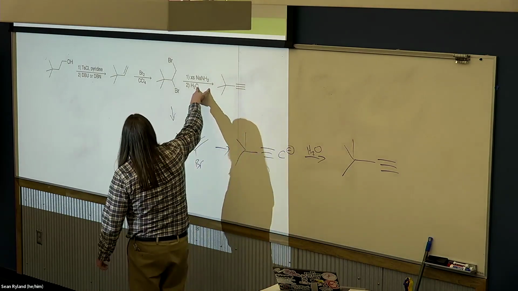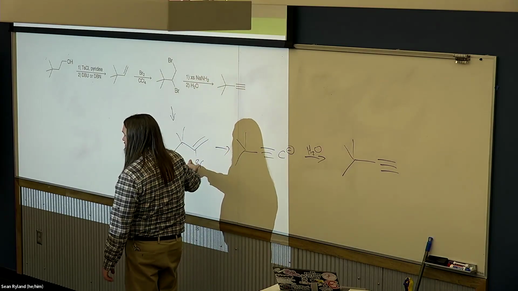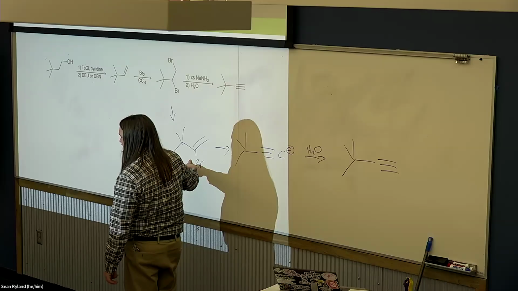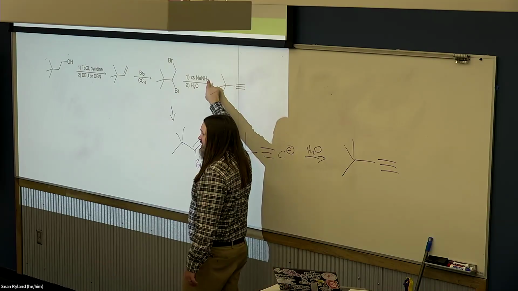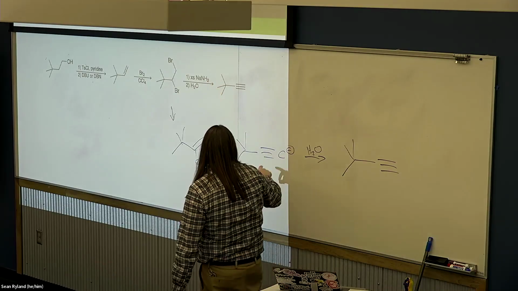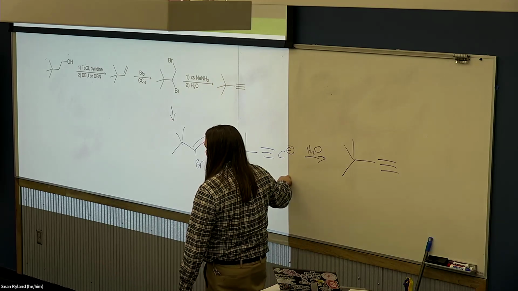So this is just showing the intermediates for these. The first thing you do is the first intermediate that we drew on the last slide. But technically, if you really have excess sodium amide, it's going to make the alkyne get deprotonated, so we get another intermediate.